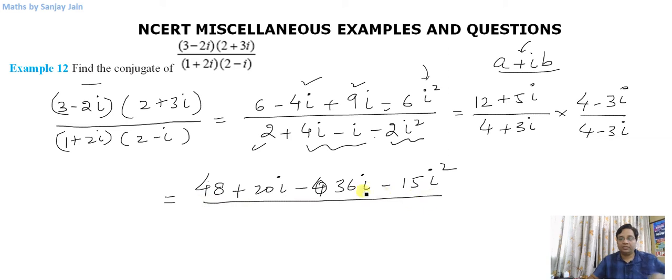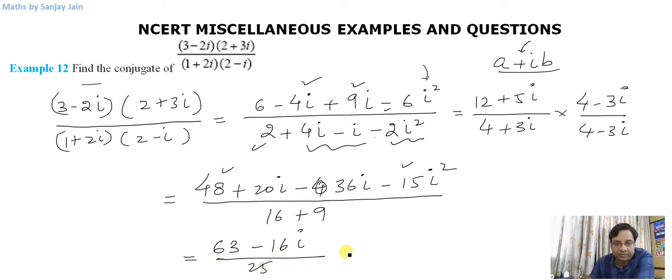In the denominator I'll have 16 plus 9, so this will give me plus 15 and 48, so it will be 63 minus 16 iota divided by 25. If I write it separately, it will be 63 by 25 minus 16 by 25 iota.